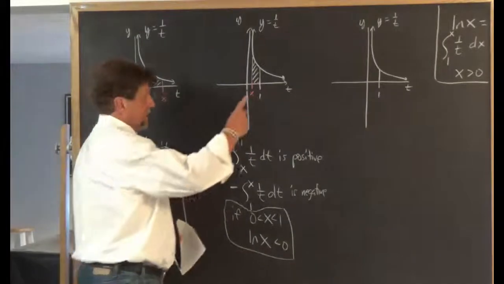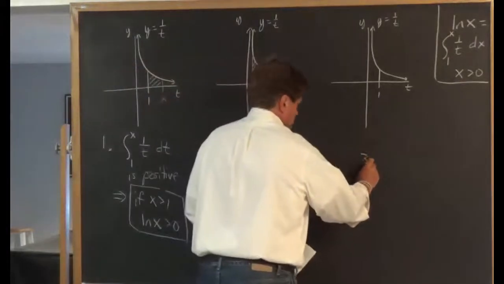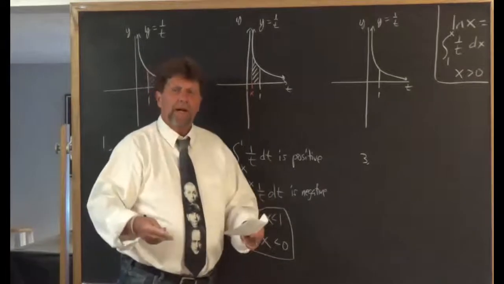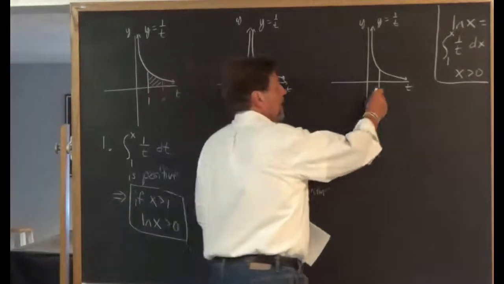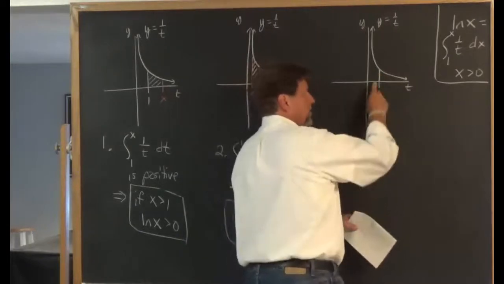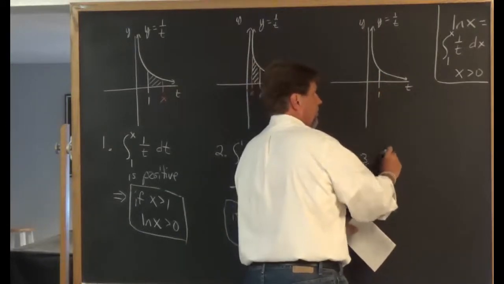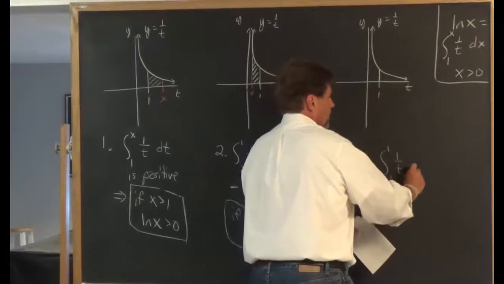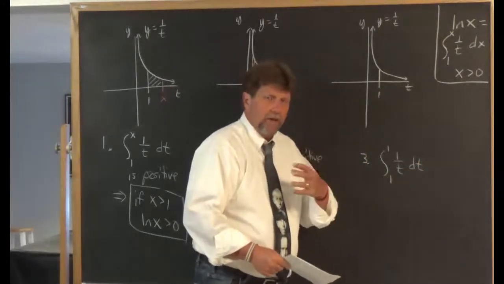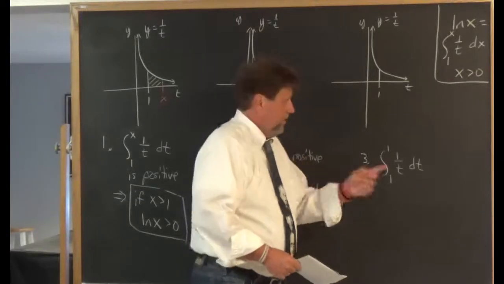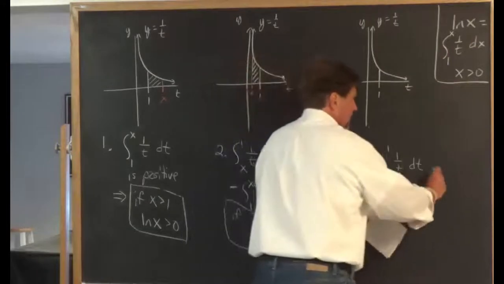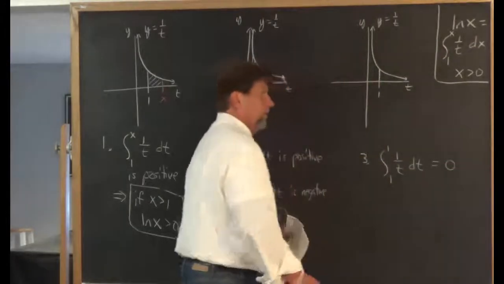All right, now let's look at the third one here. What if x equals 1? Well, if x equals 1, you just have a line segment here. The integral that matches up with that would be the integral from 1 to 1 of 1 over t dt. And we know when the limits of integration are the same, the definite integral has a value of 0.